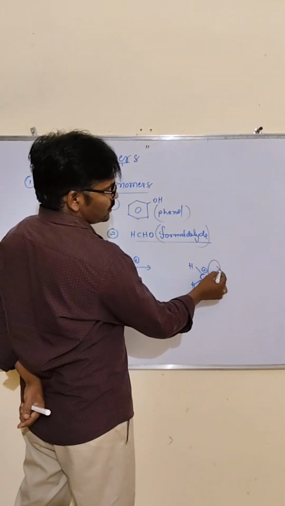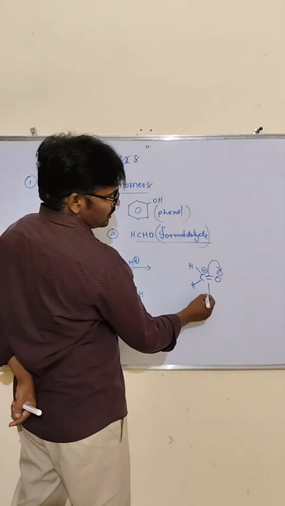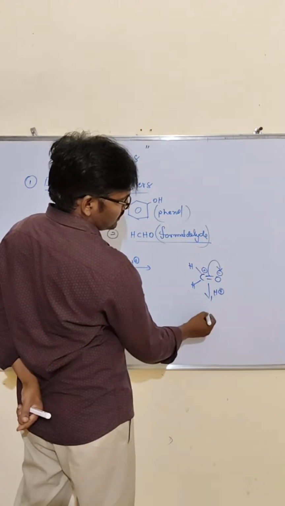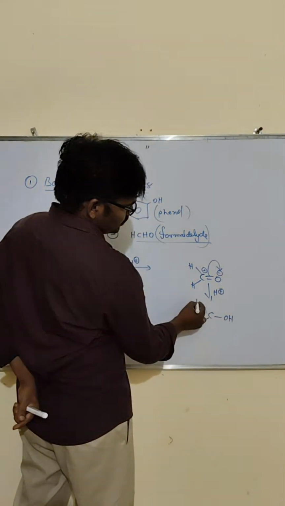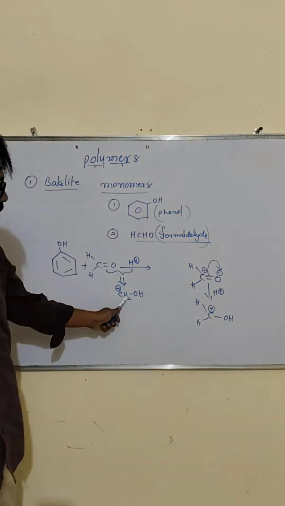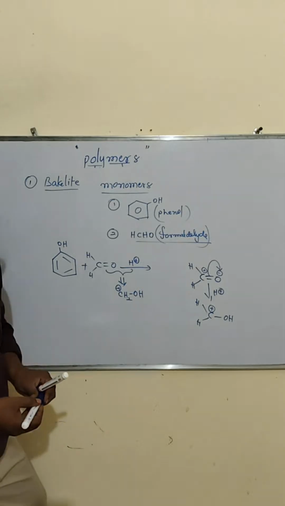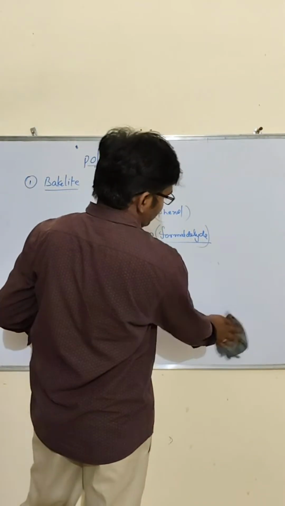One bond is shifted, and wherever the negative charge is, H will be attached. So by the addition of H plus, COH will be formed, and the positive charge as usual. That is what we call CH2 plus OH. This CH2 plus OH acts as an electrophile.